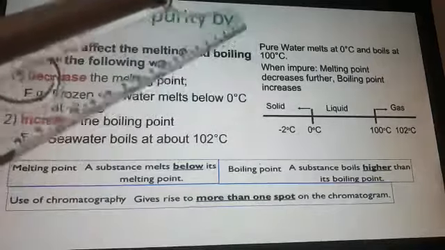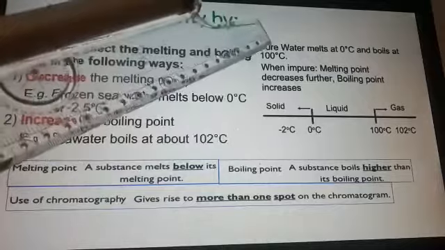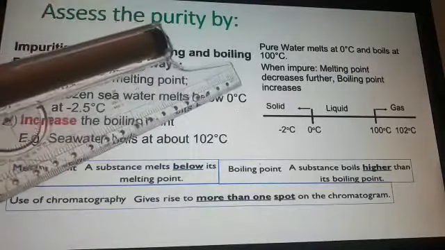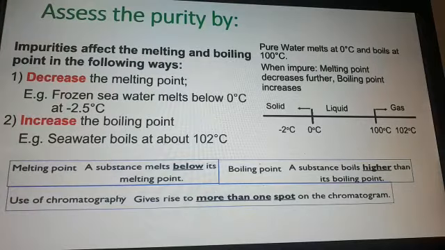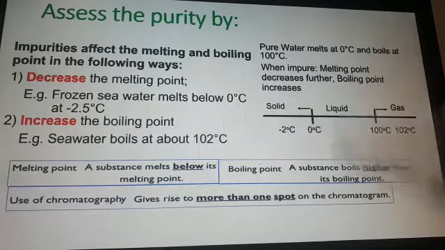You know that the freezing point or the melting point of pure water is 0 degrees Celsius, and the boiling point of pure water is 100 degrees Celsius. If it is impure, the melting point decreases, it will be minus 2 degrees Celsius, and the boiling point increases up to 102 degrees Celsius.